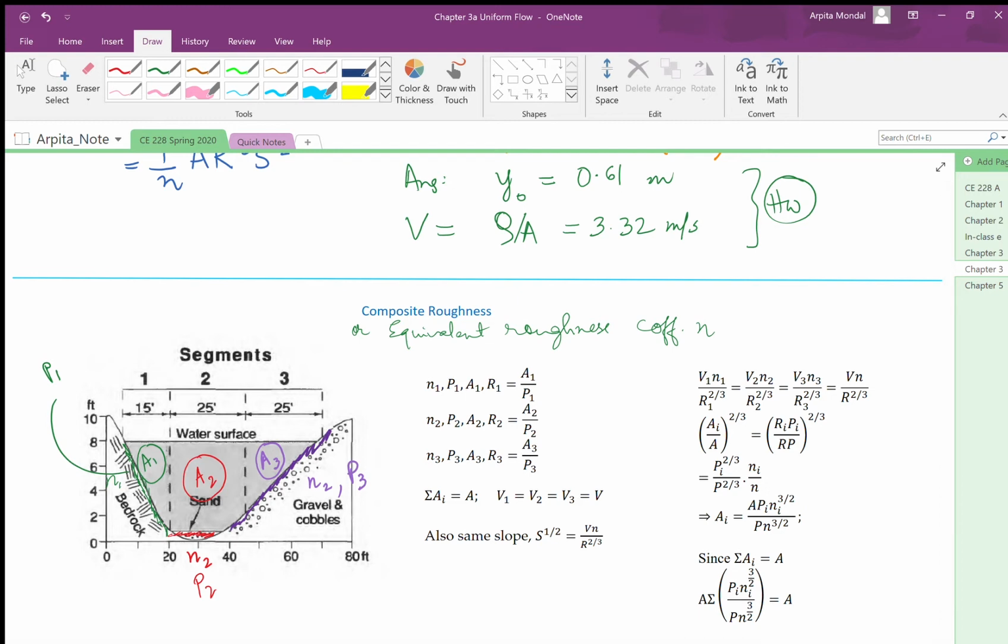So for each of these sections, we can write the hydraulic radius. So R1 is A1 by P1, R2 is A2 by P2, and R3 is A3 by P3.